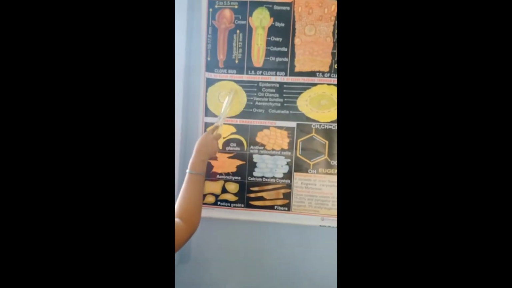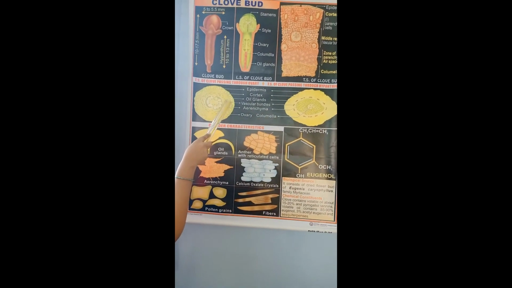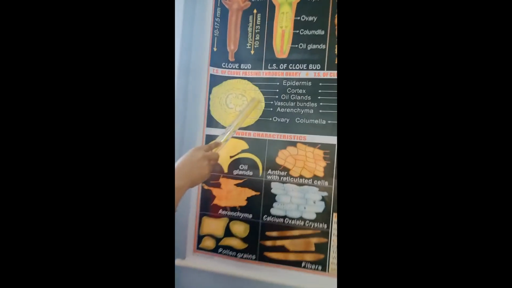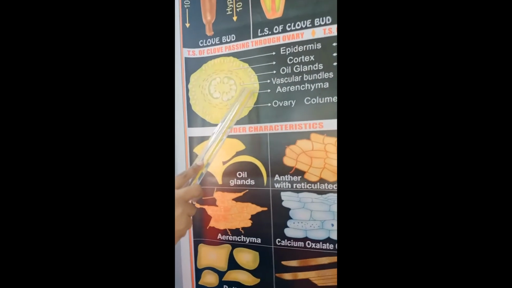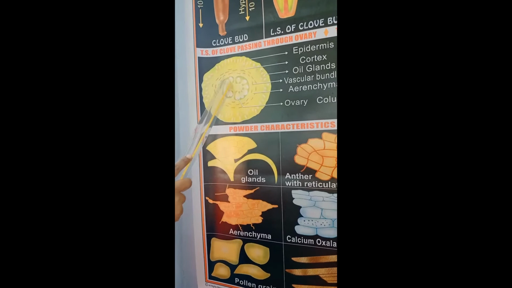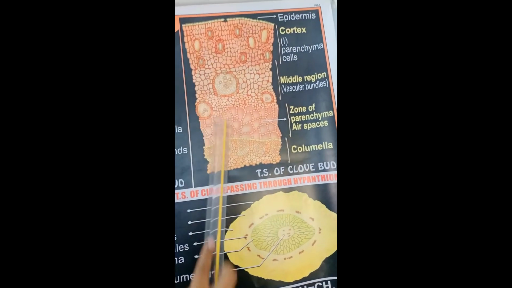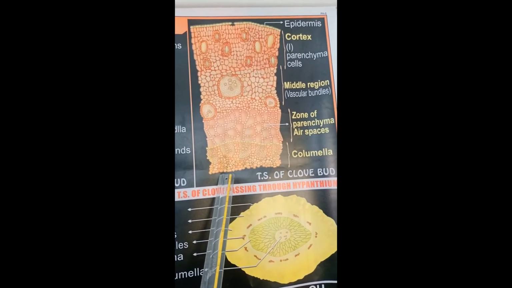This is the parenchyma, epidermis, cortex, oil glands that are oval in shape, vascular bundles, parenchyma. The middle portion is the ovary, and the dotted black spot observed is the columella. This is the whole TS of clove bud.